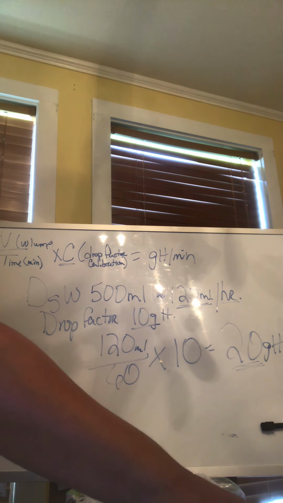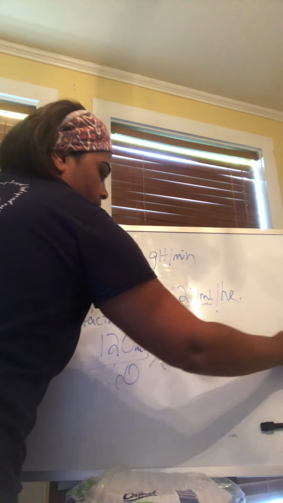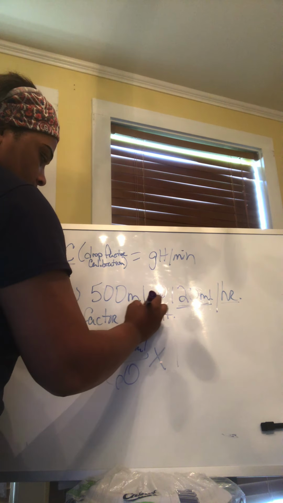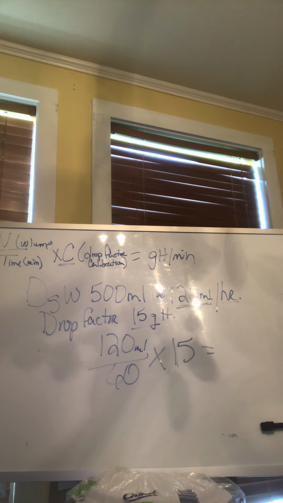We can take this same problem, and if it had 15 drops per minute instead of 10, all we would do is 120 divided by 60 times 15.